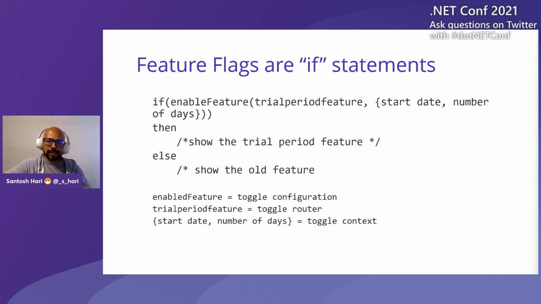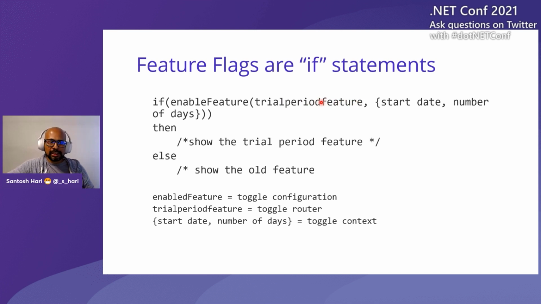In this code sample, I just want to touch on a few points. The enable feature is called the toggle configuration, and it determines if we should even use the feature flag. So you can actually turn a feature flag on or off. And then within the feature flag, there is something called a toggle router.